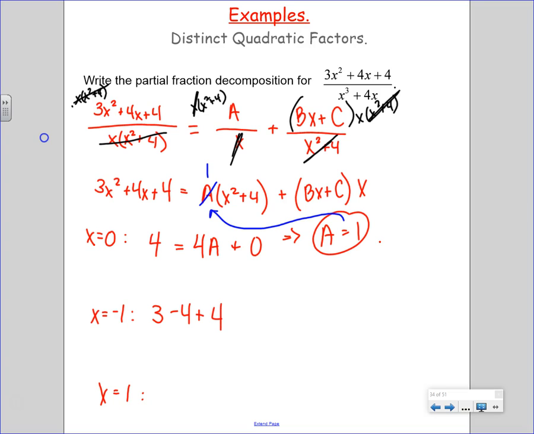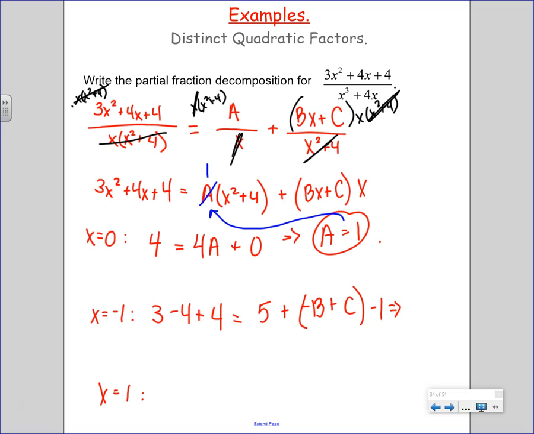-1 squared plus 1 is 3, minus 4, plus 4. When I plug in -1, when I go to the other side, no one's going to cancel out, but I know that that's 1. -1 squared is 1. 5 times 1 is 5, minus b, plus c times -1.